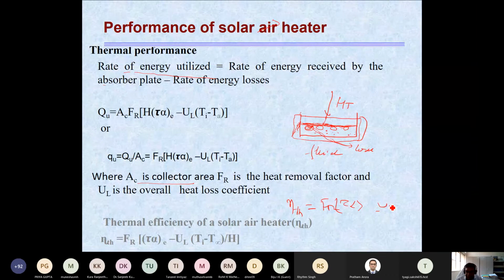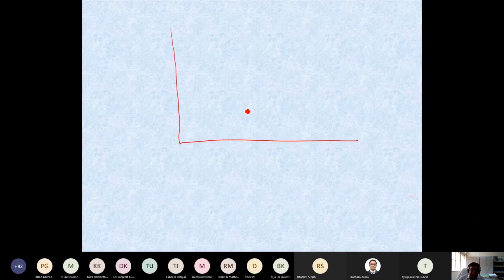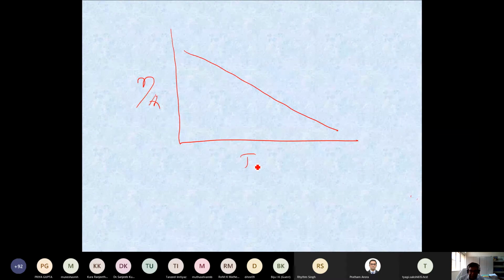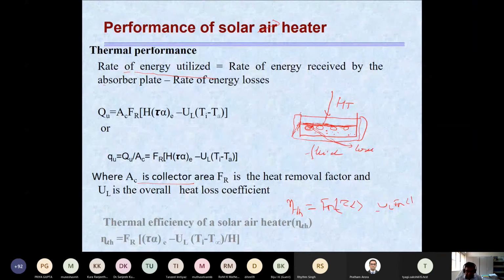So the thermal efficiency of a flat plate solar collector is represented by a straight line whose slope is negative, and the intercept is FR tau alpha. This equation is a straight line where the x-axis is (TI minus TA) by HT, the slope is minus FR UL, and the intercept is FR tau alpha.